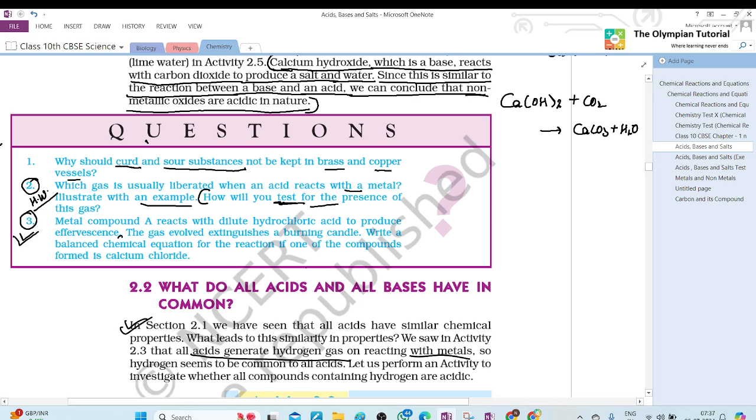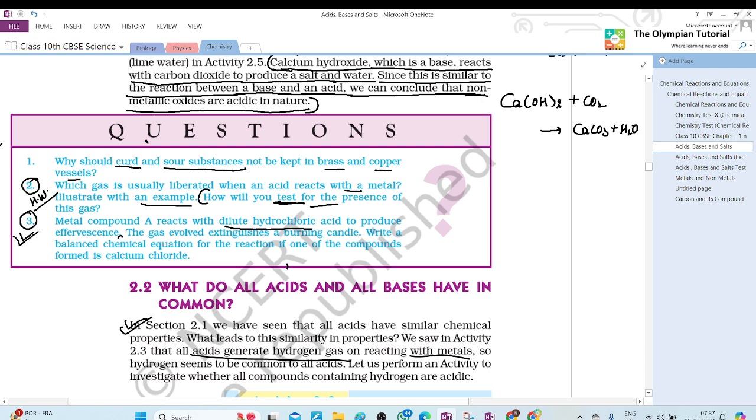So, reaction with dilute hydrochloric acid. Ma'am, and a salt is formed. I said a salt is also formed in the reaction. Salt reacts with dilute acid to produce the... Which salt is formed? Calcium chloride.